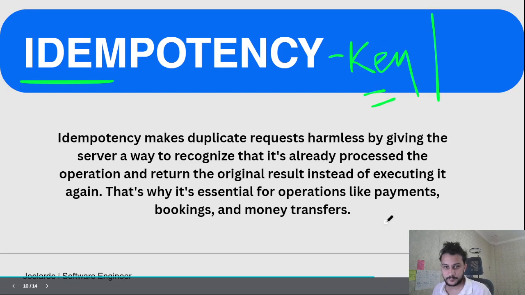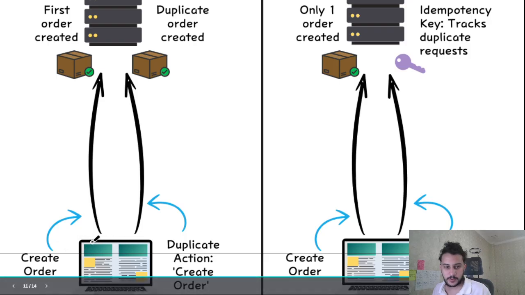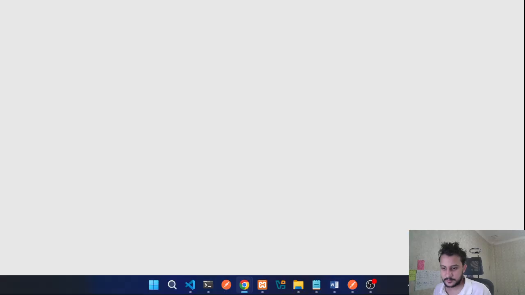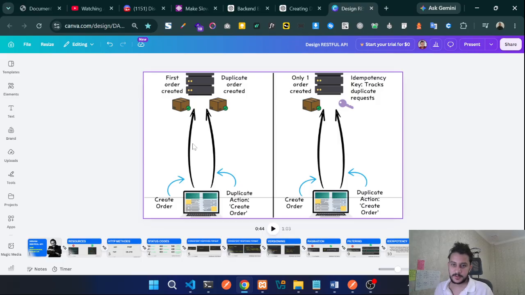Now, for example, for the orders. Here, create an order, okay? This is an example of not applying the idempotency character.